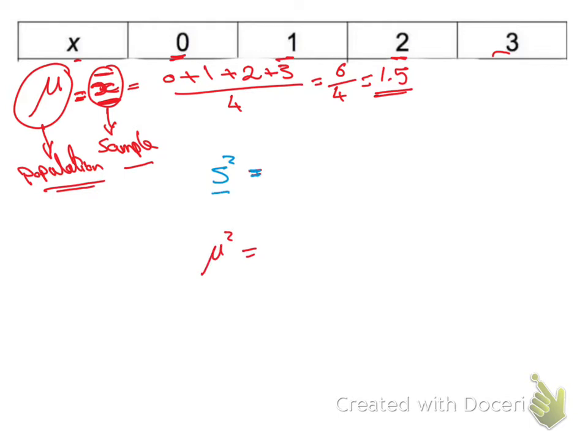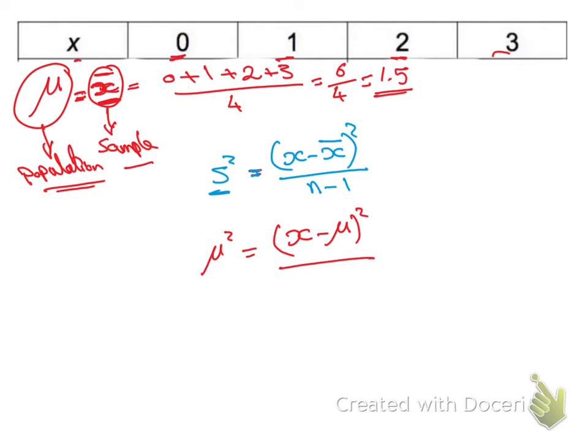The variance s square for the sample equals the sum of x minus x bar, squared, divided by n minus 1. And in the case of the population, it is x minus mu, squared, divided by n. This was the definition.